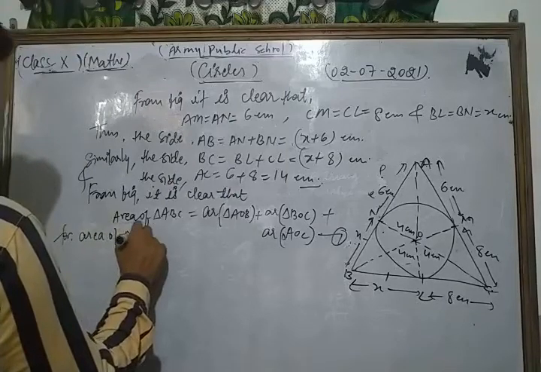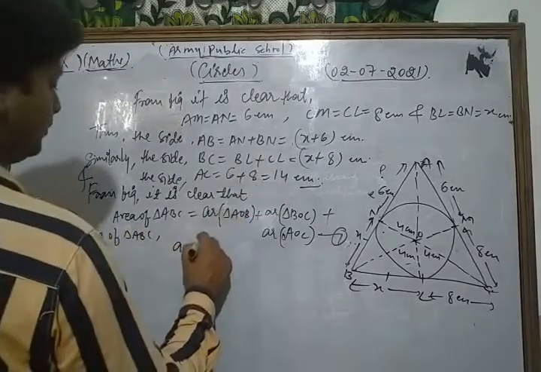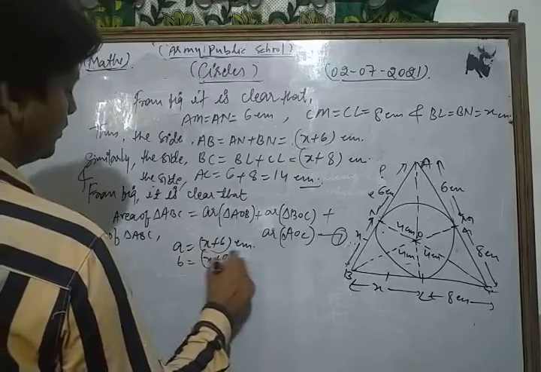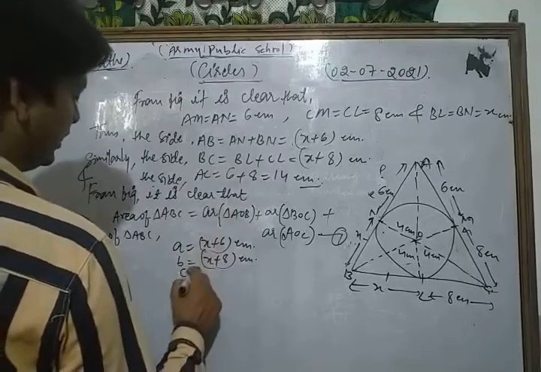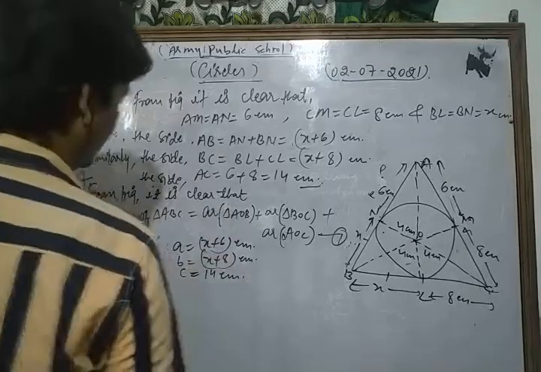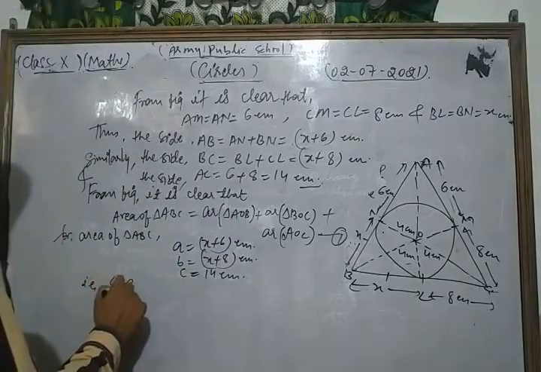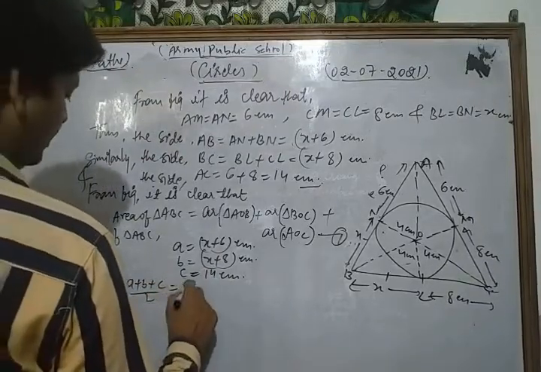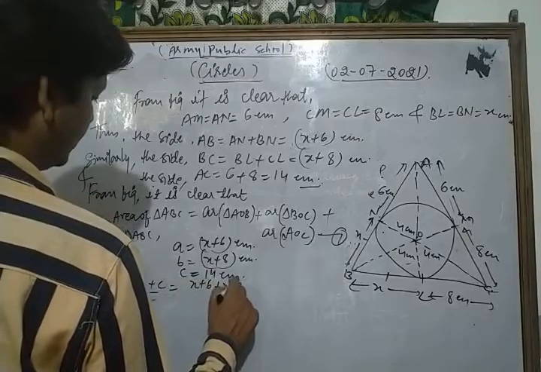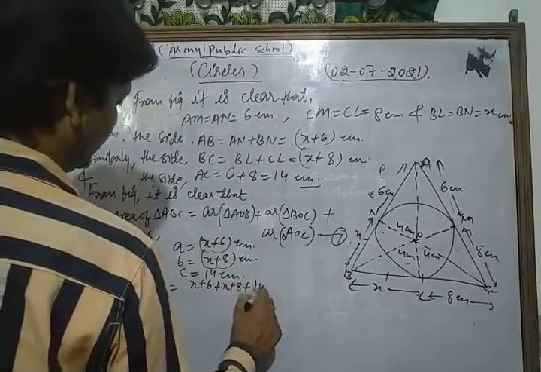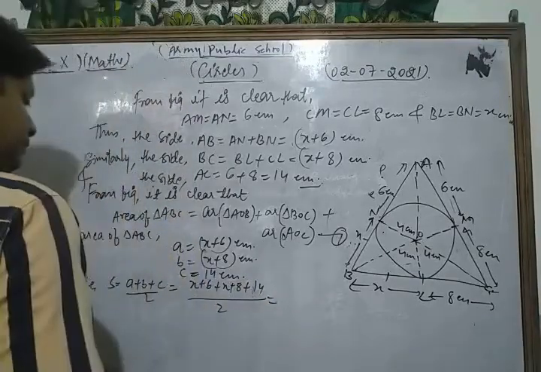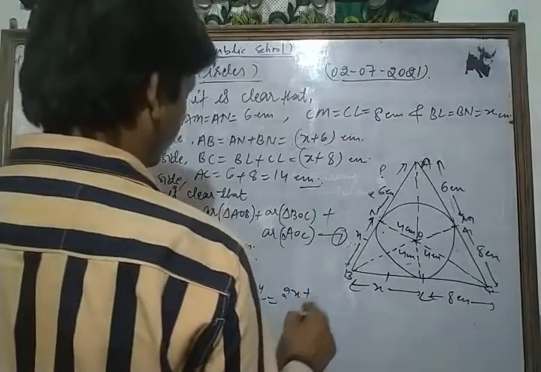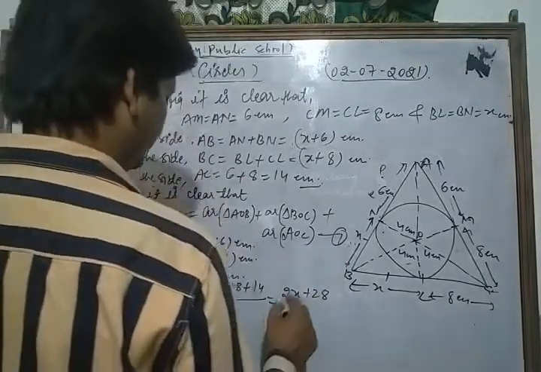For the area of triangle ABC, let us take one side a as x plus 6, another side b as x plus 8, and another side c as 14 centimeter. The semi-perimeter is then x plus 6 plus x plus 8 plus 14 upon 2, that is 2x plus 28 upon 2.